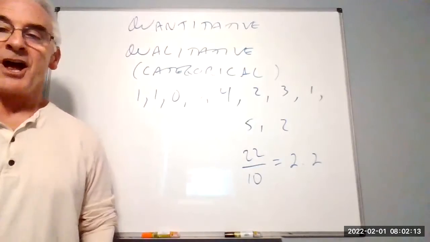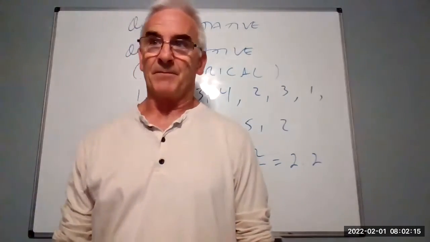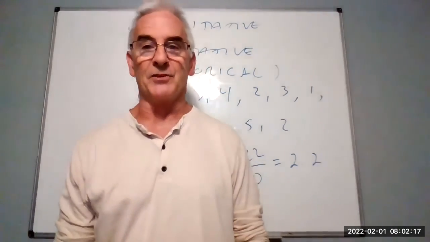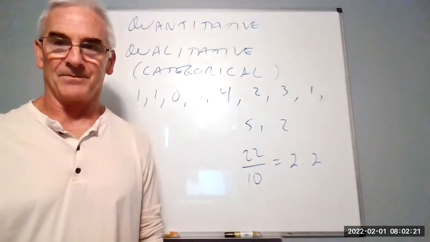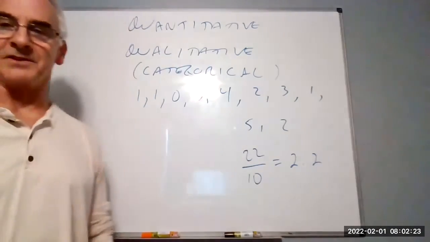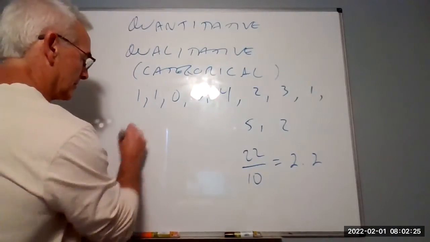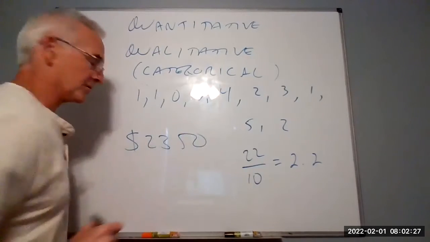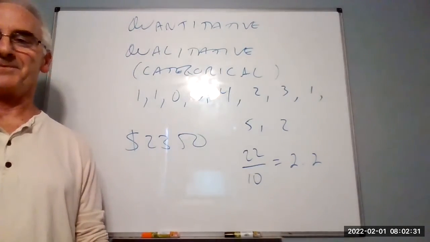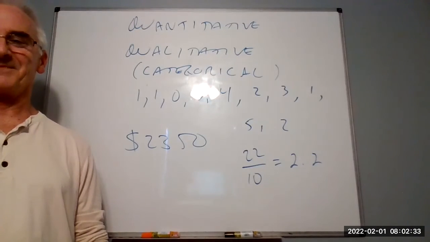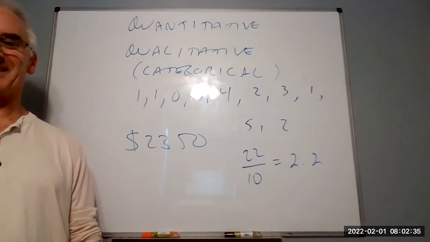You just spent, let's say, $2,350 on an appliance. Quantitative or qualitative? Quantitative. Yeah, that's kind of easy.